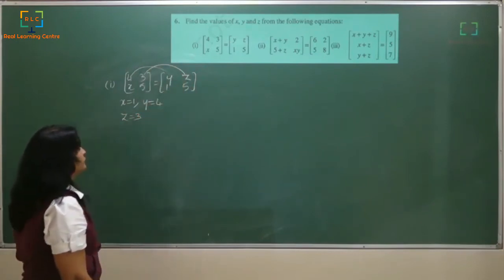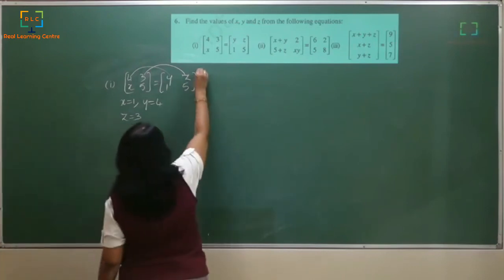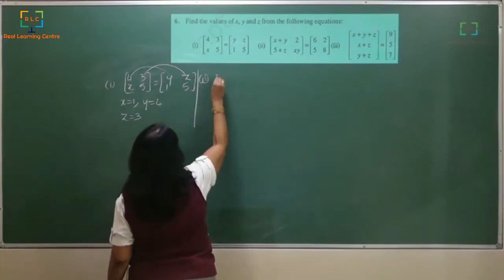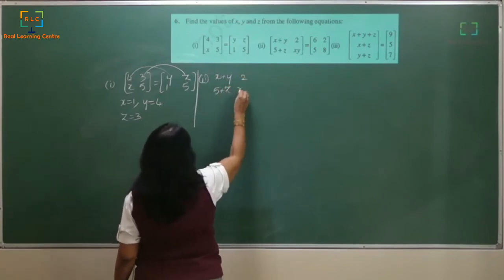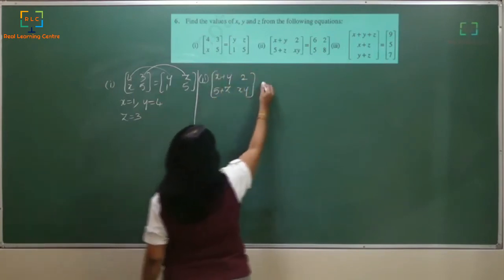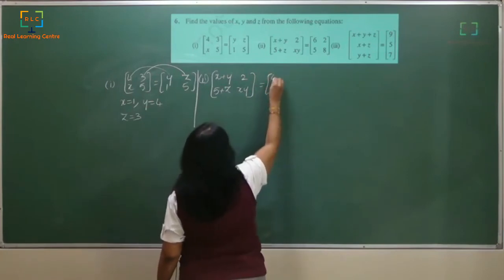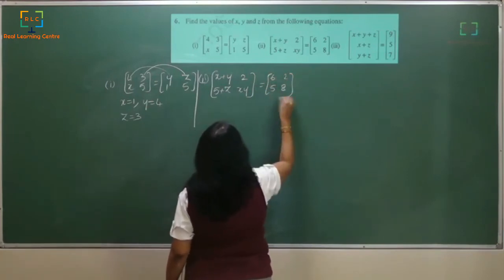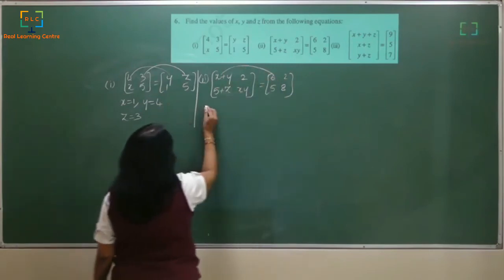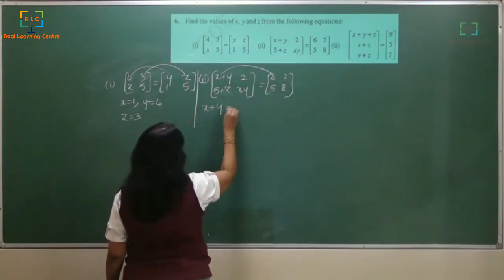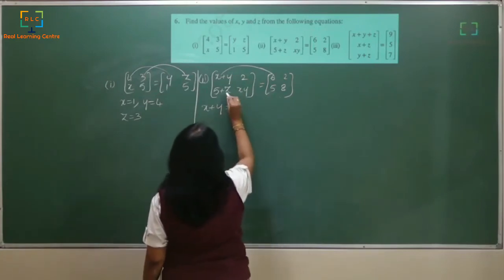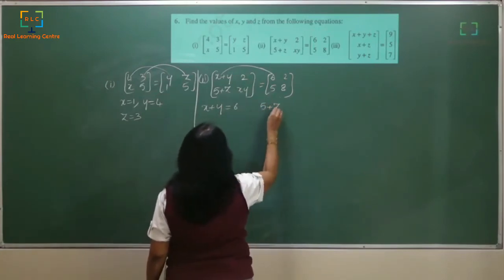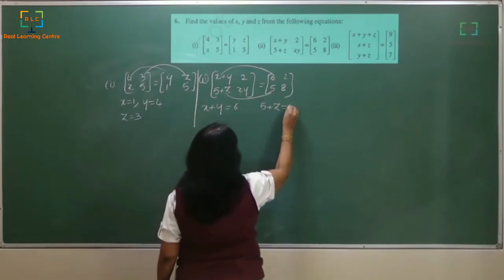So we are done with the first one, and we go to the second sub question where they say x plus y, 2, 5 plus z, xy is equal to 6 2 5 8. Okay, I shall take the first one. You have x plus y is equal to 6, and the next one I shall take 5 plus z is equal to 5.